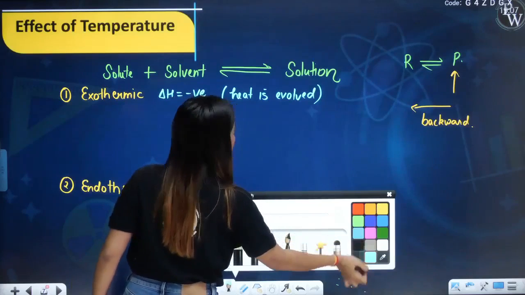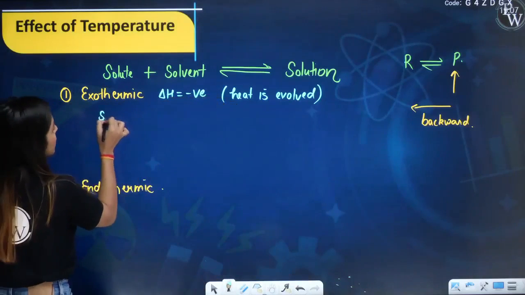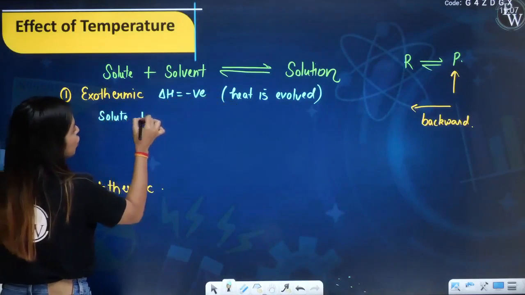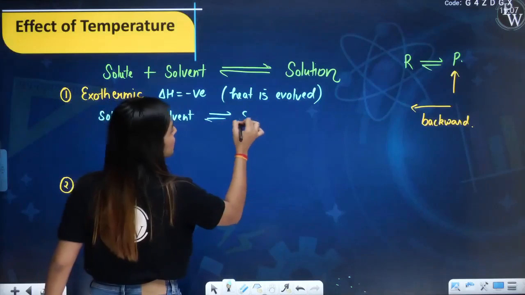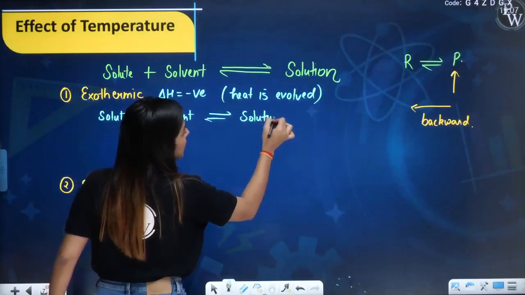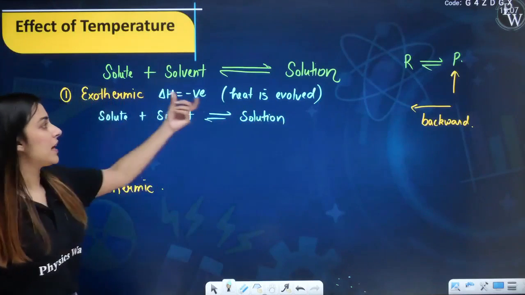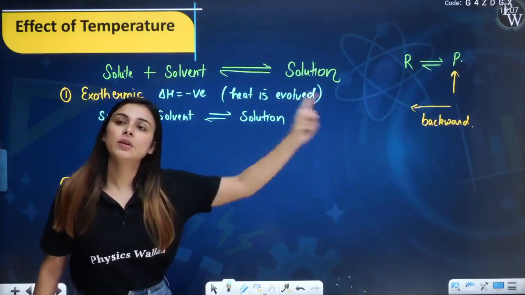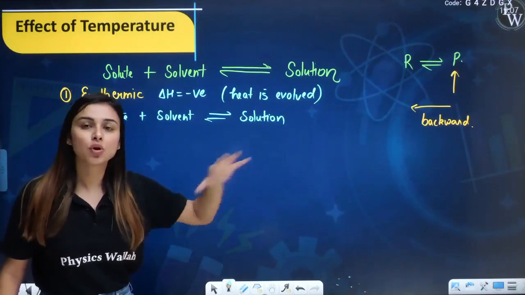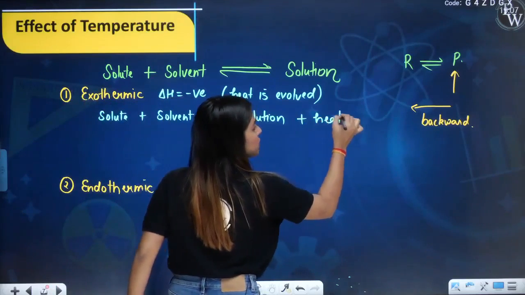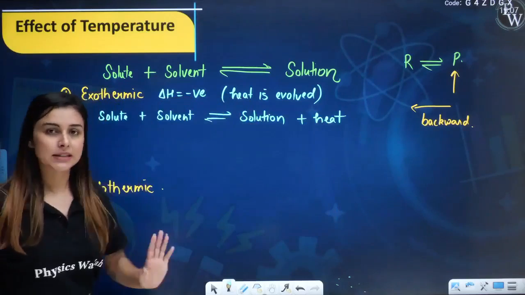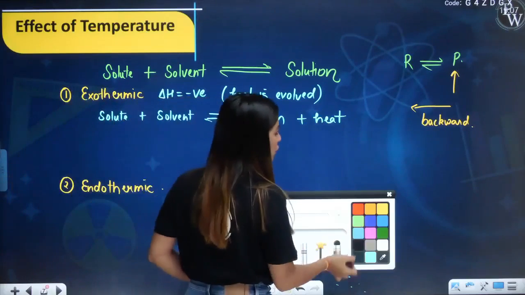You will have solute, you will have solvent, and there will be an equilibrium. You will have solution. Now, since in an exothermic reaction heat is evolved, the heat will be on the solution side. So heat will be here in an exothermic reaction. Yes. Till now you're very crystal clear with the concept.